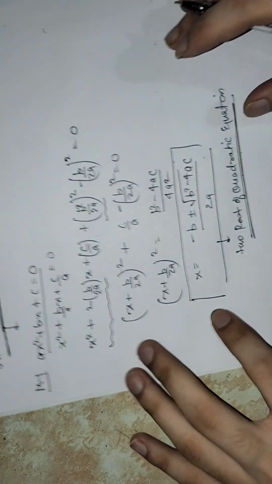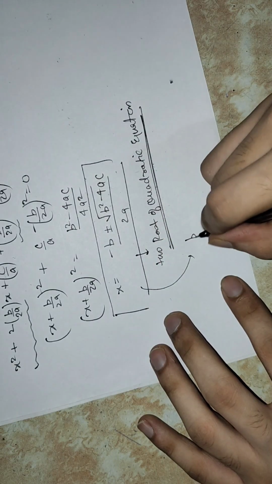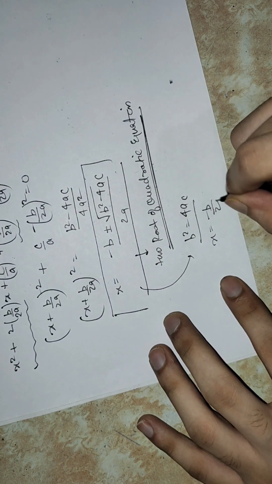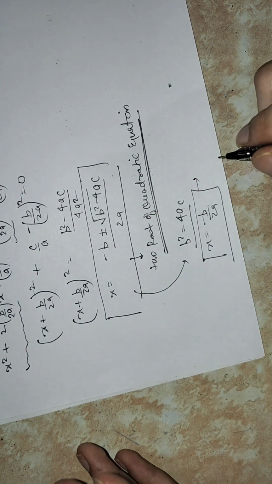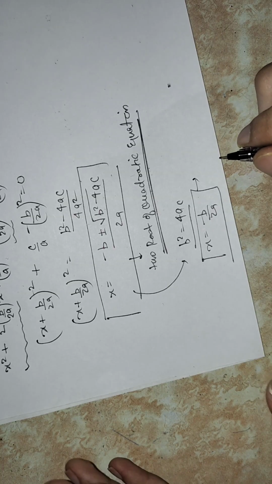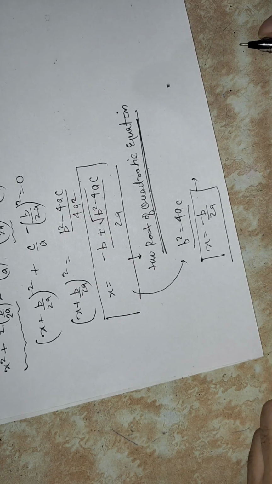Note that if b square is equal to 4ac, then x is equal to minus b by 2a. So we get only one solution, and it might seem there should be only one root, but that is not true. The quadratic equation always has two roots.